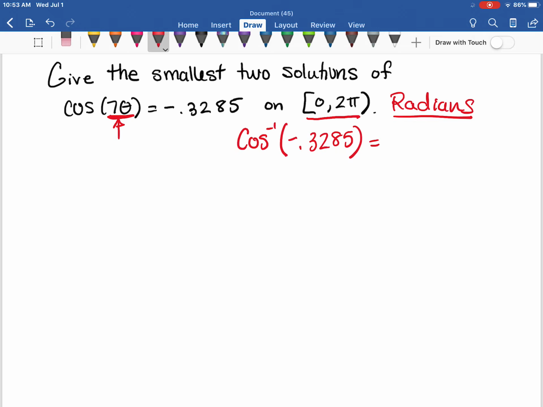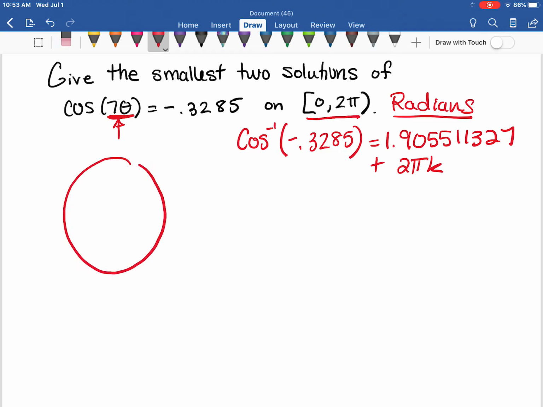So inverse cosine of negative 0.3285, and that's going to give me 1.905511327. And remember, since cosine has a period of 2 pi, I can also add any multiple or subtract any multiple of 2 pi and still get the answer negative 0.3285.